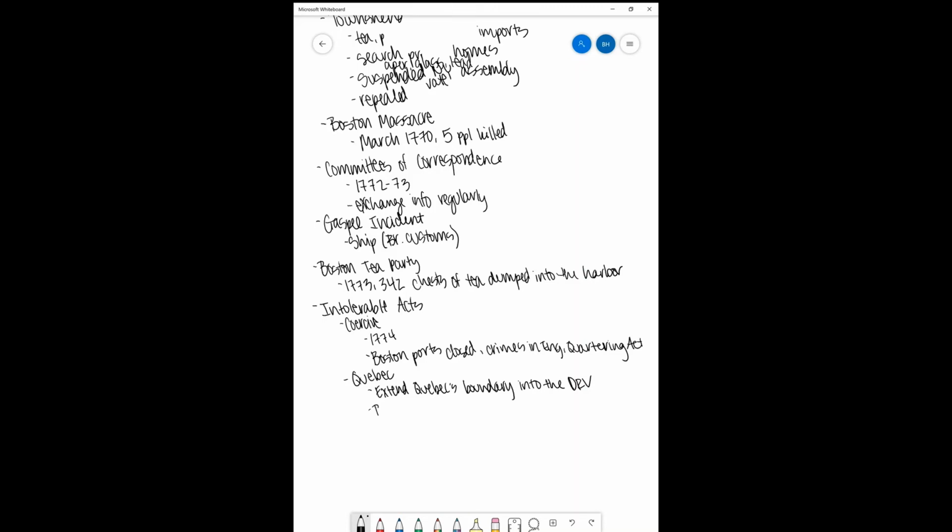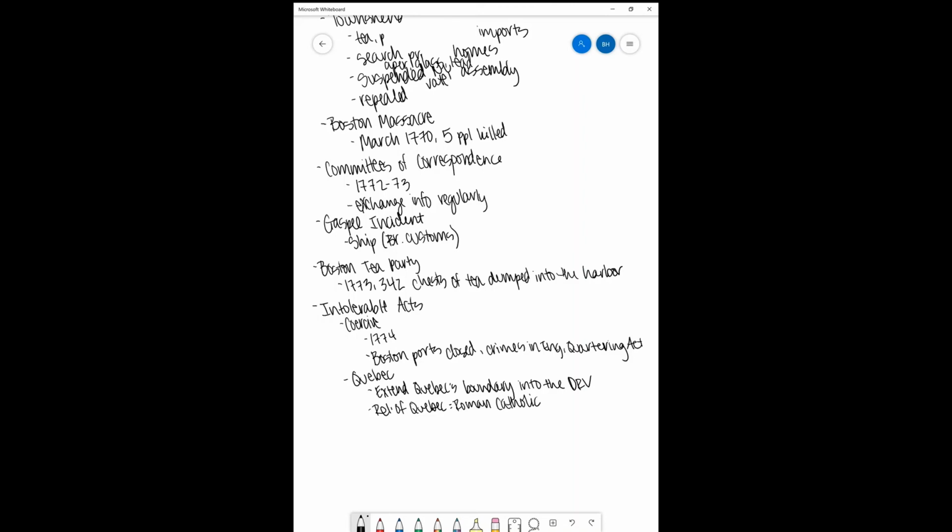Also, you have the official religion of Quebec is going to be accepted as Roman Catholic. And once again, the colonists are like, time out, we fled from England, some of us, because of religious persecution, and now you're giving the people of Quebec their own official religion.